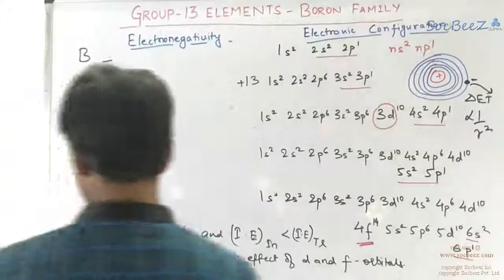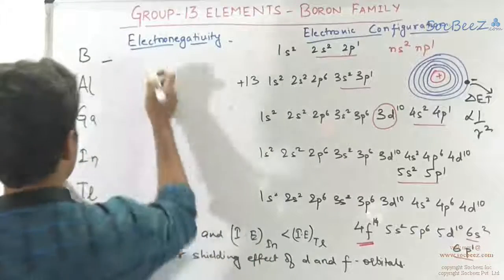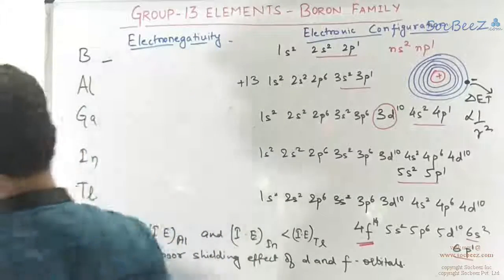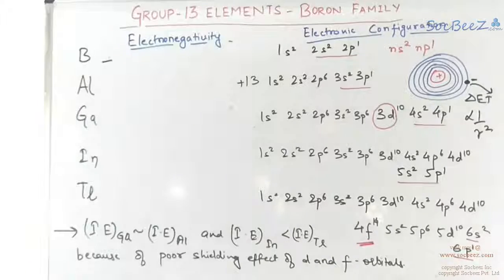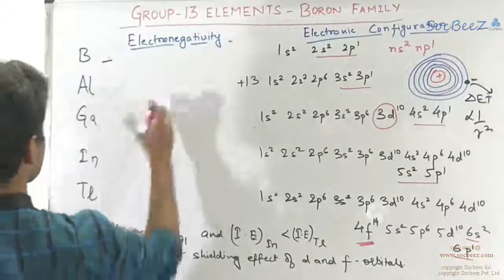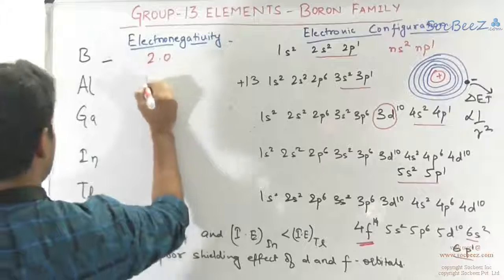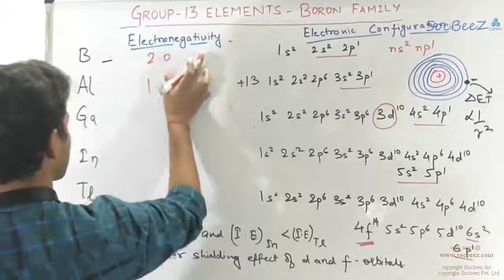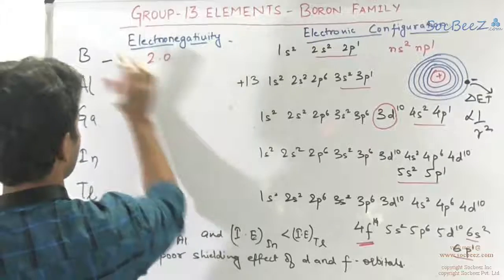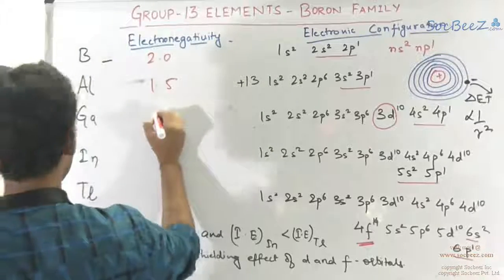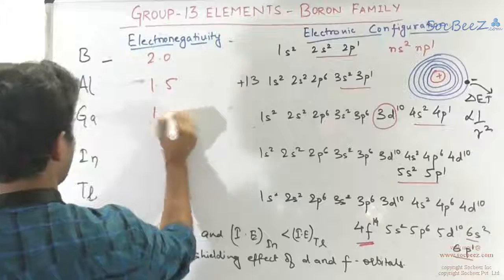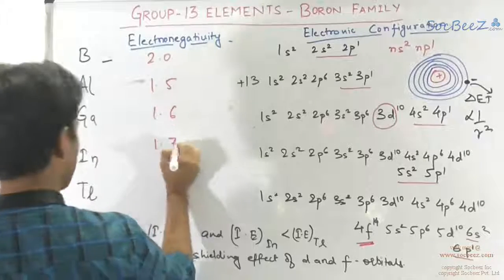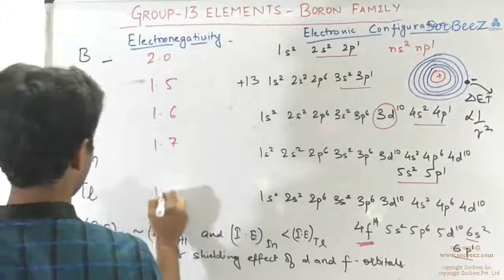Now, the electronegativity value for boron is 2.0, for aluminium it is 1.5, then for gallium 1.6, then 1.7, then 1.8.